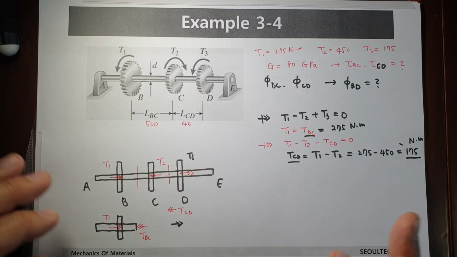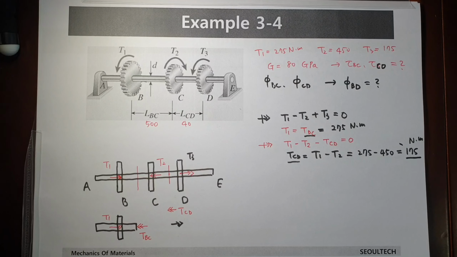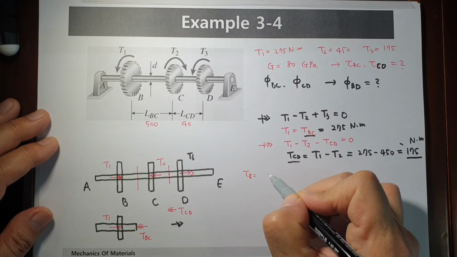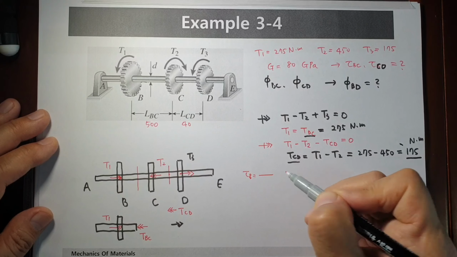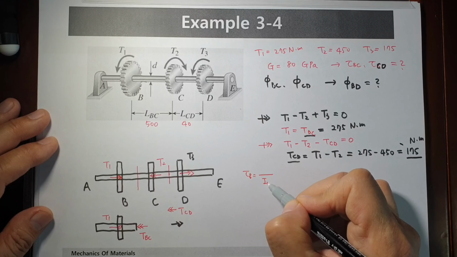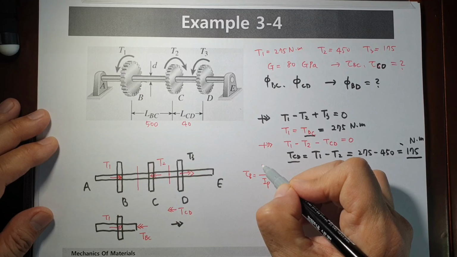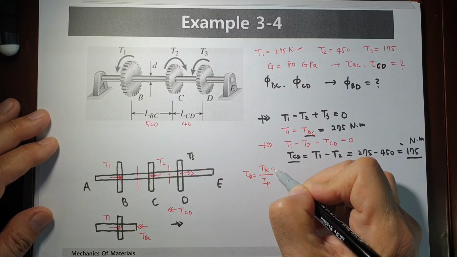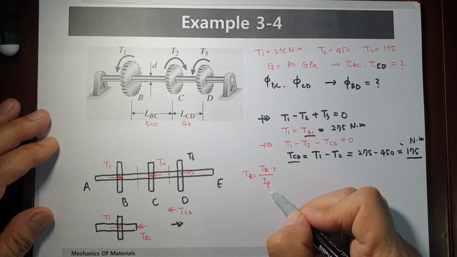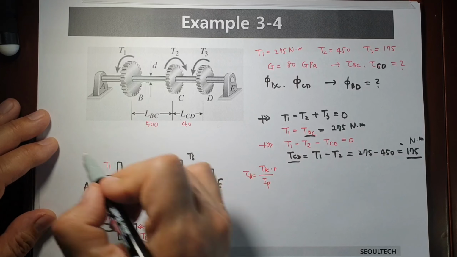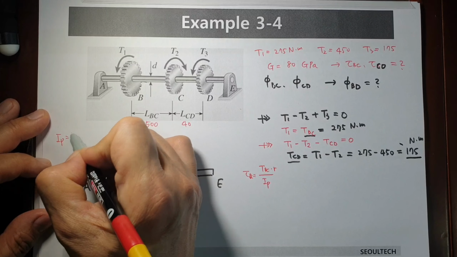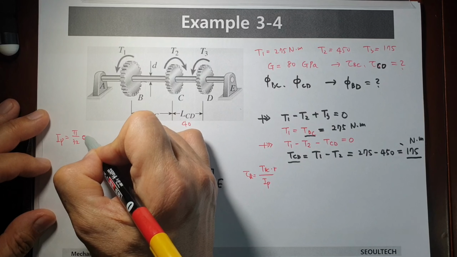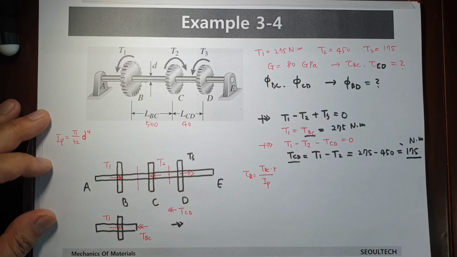Based on these values, we can calculate tau BC. Tau BC equals TBC times R over IP, the polar moment of inertia. IP, in this case, equals pi over 32 D to the power of 4.